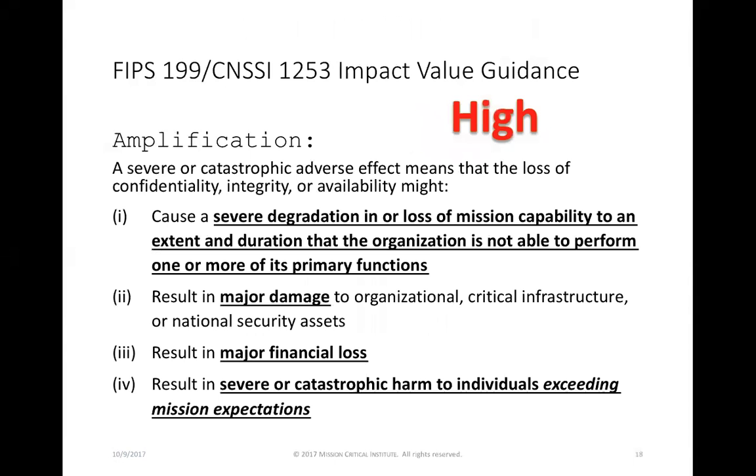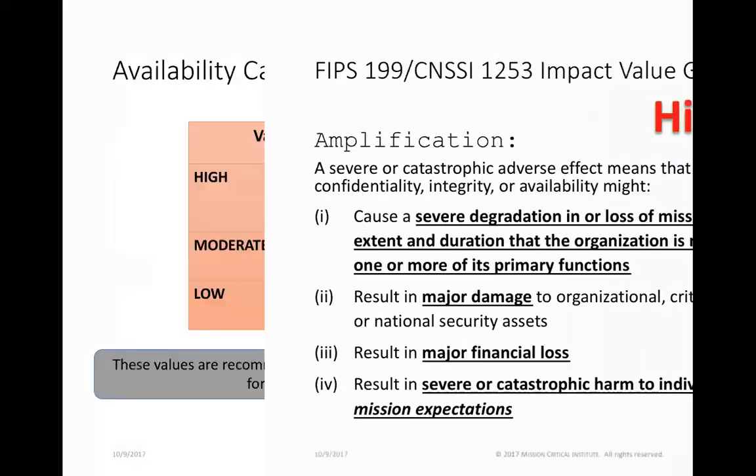So notice how extensive it is and how long it is, as far as high is concerned. It can result in major damage, major financial loss, and severe or catastrophic harm to individuals exceeding mission expectations.